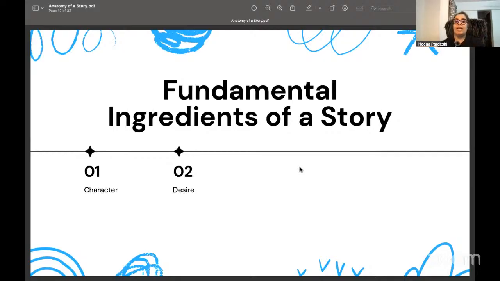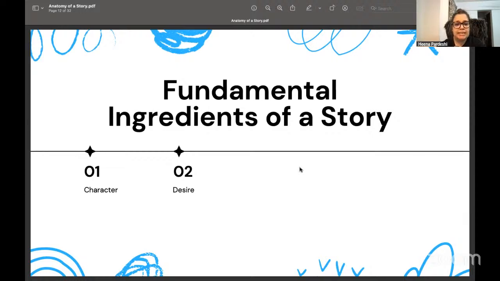Now, if we look at The Kite Runner, Amir's external desire is to earn his father's approval. Amir's internal desire is to forgive himself and move on, and in the process, be a good man or a good person again.